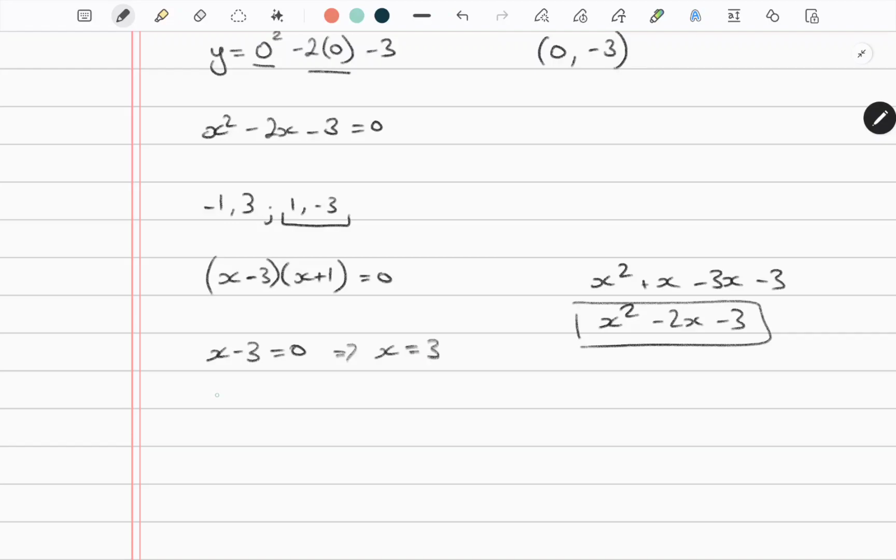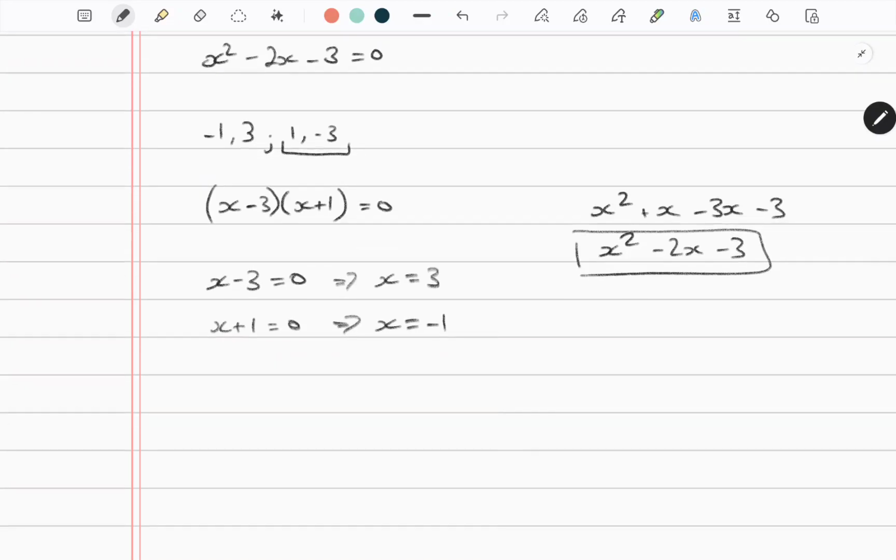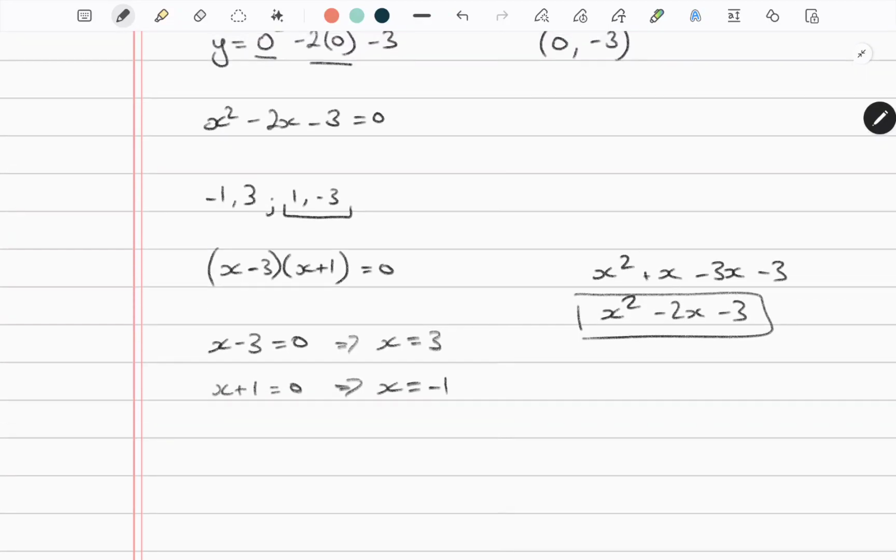And then the other one here, x plus 1 is equal to 0, so that means x can also be equal to minus 1. So there's another 2 points. Whenever y equals 0, we have x equals 3, and we also have x equals minus 1. So 2 more points for our graph would be 3 and 0, and also minus 1 and 0.